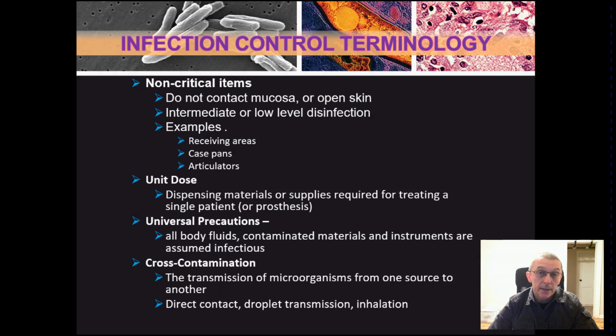So direct contact, or droplet transmission, meaning you get sprinkled by some saliva or something like that in your face, and it's transmitted that way, or you actually inhale a microbe by it being airborne just from grinding of a high-speed handpiece, or as the doctor prepares a tooth. These microorganisms can become airborne from just the sheer speed of that drill bit drilling on the tooth.